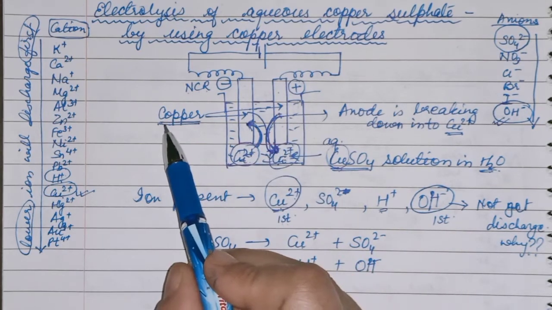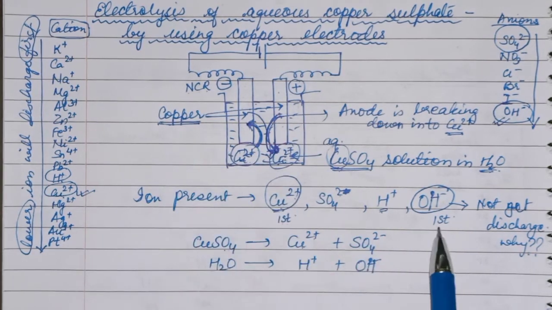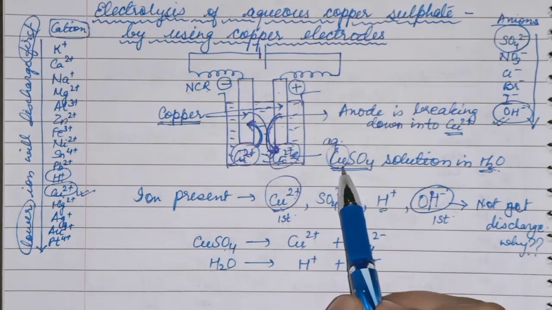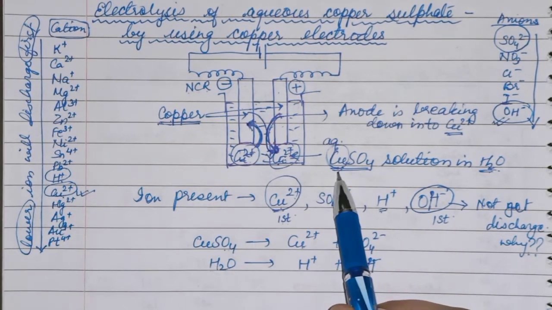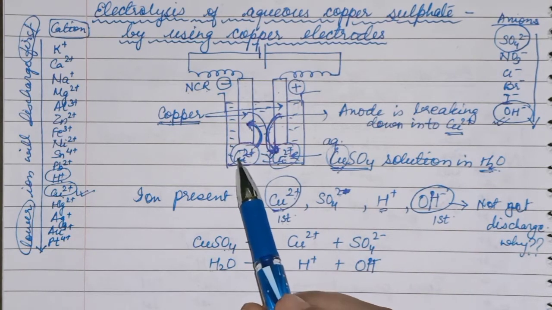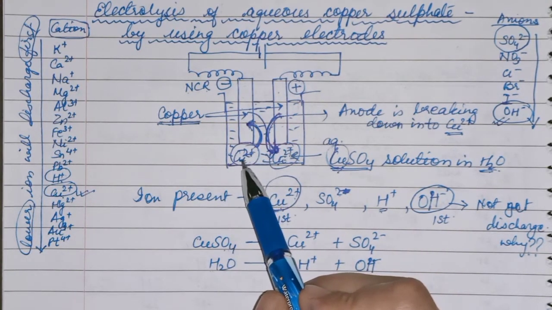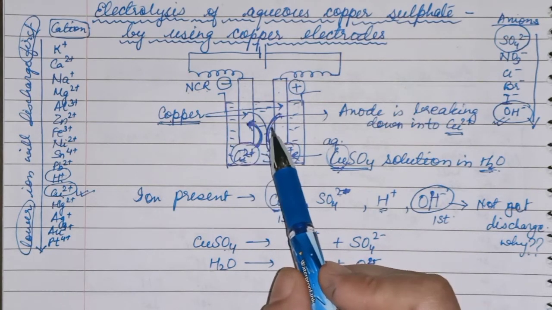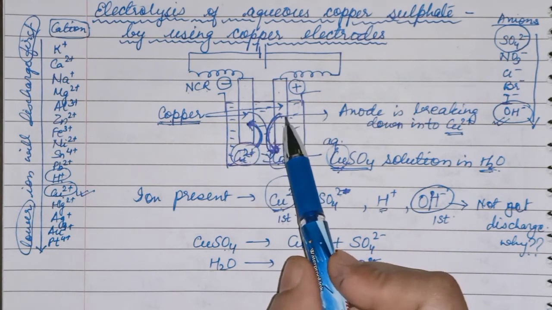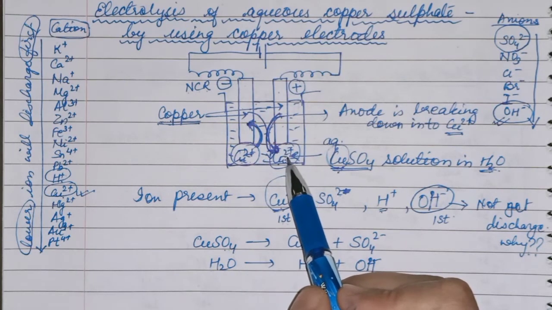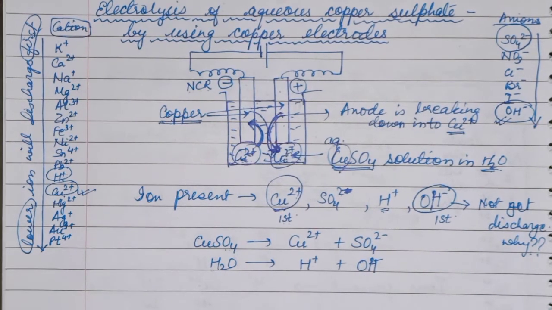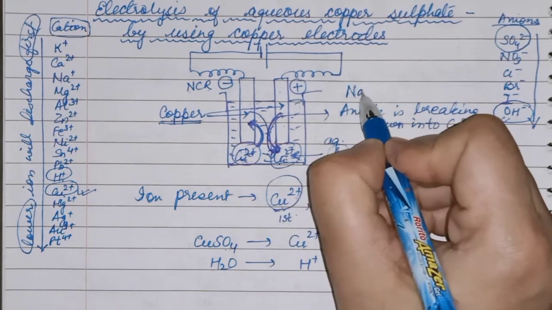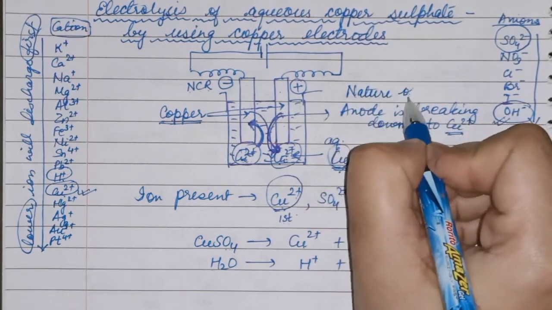The first condition is that the ion will not get discharged because the electrode and electrolyte have the same element in them. And the second is that the rate of discharge of Cu2+ ion is equal to the breaking down of the anode and forming Cu2+ ion. And this is called the nature of the electrode.